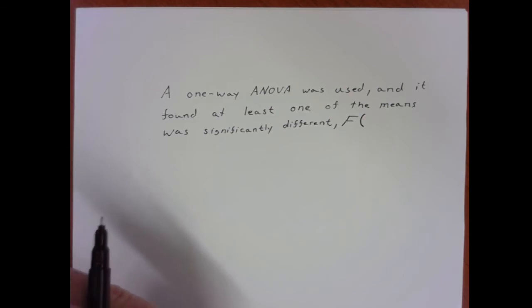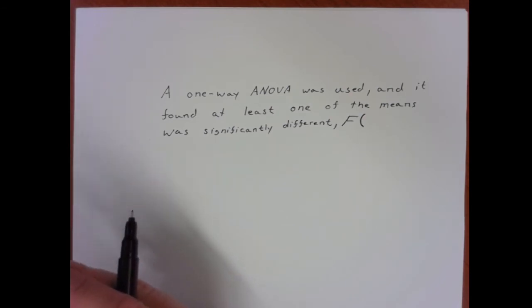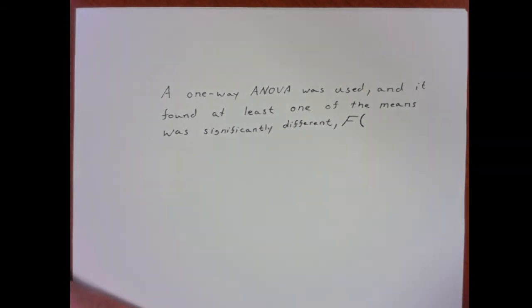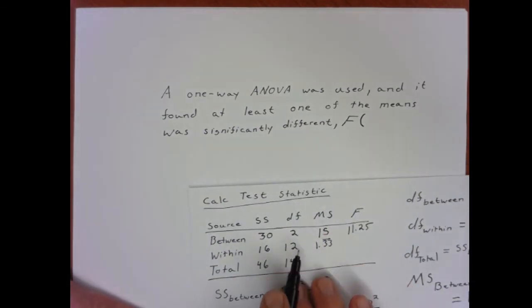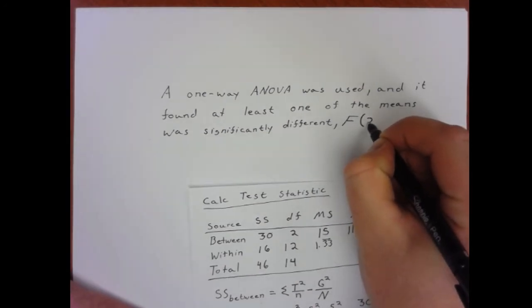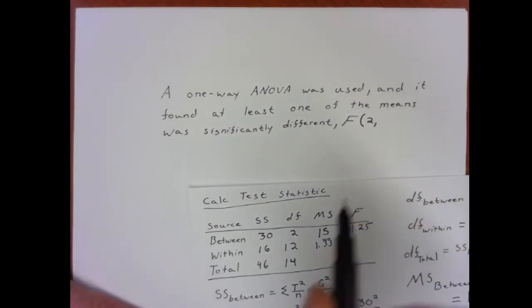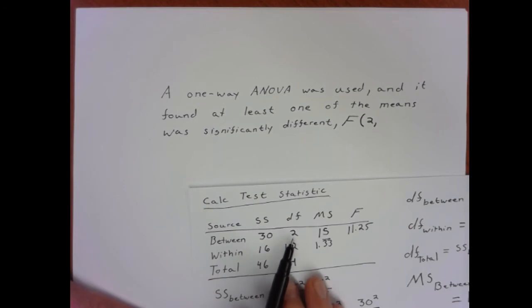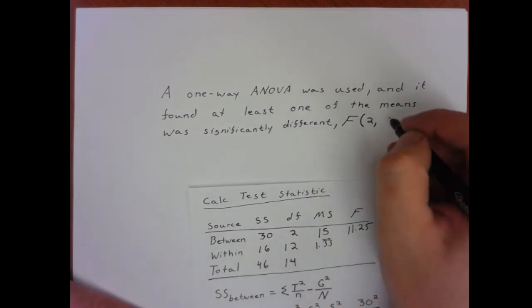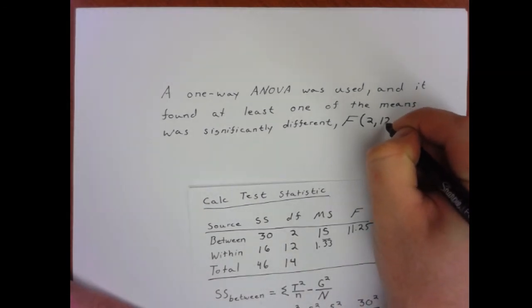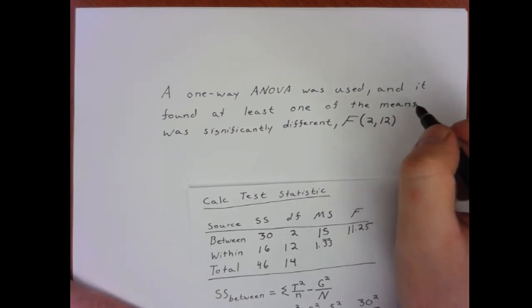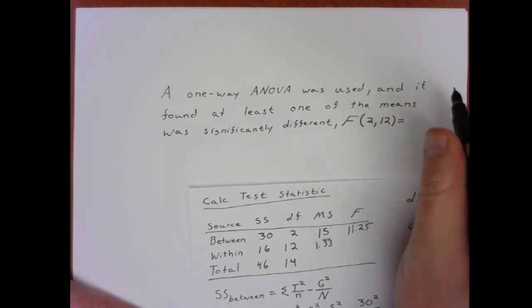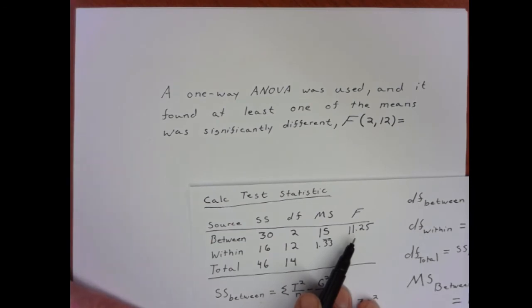Now, you always report the numerator first, or the between groups degrees of freedom, which, if we look back to our ANOVA table, we can see was 2. Then we add a comma to separate the DF between from the DF within. Then we let people know that the F statistic we actually calculated was 11.25.